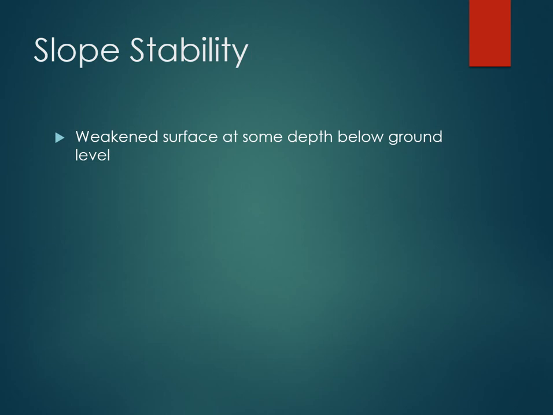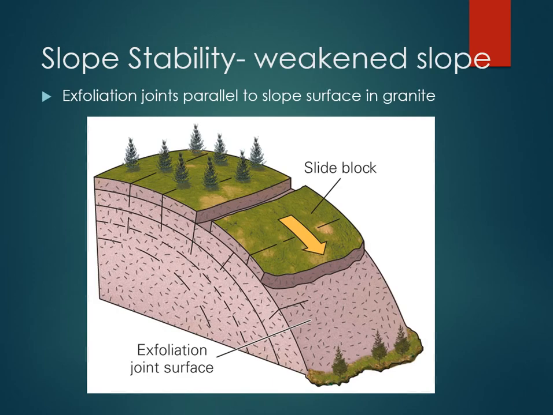So slope stability can also depend on a weak surface at some depth below the ground level. So let's look at some of those weakened surfaces. One of them occurs in igneous rocks, such as granite, where your exfoliation joints are parallel to the surface. If you remember, exfoliation happens due to unloading.